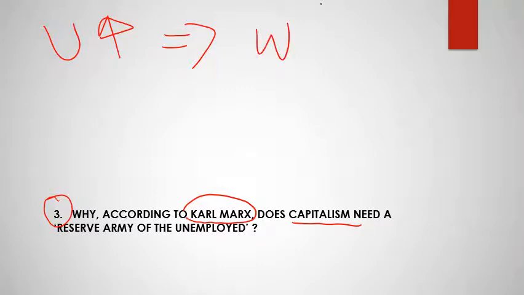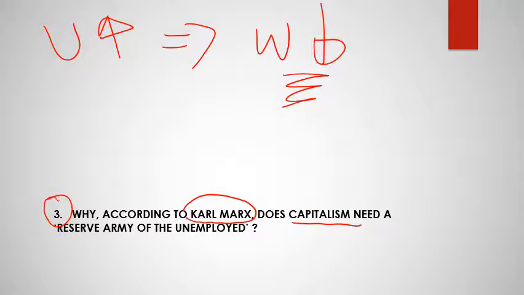So employers will be able to lower wages, and lower wages are obviously a lower cost of production, and that would translate into higher profits for the companies, higher profits for the bosses.